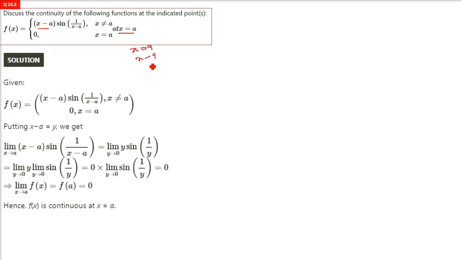Whatever is 0 will be 0 whether you do it LHL or RHL. Just see what is the value of the function at x equals a, that is f(a) is 0.